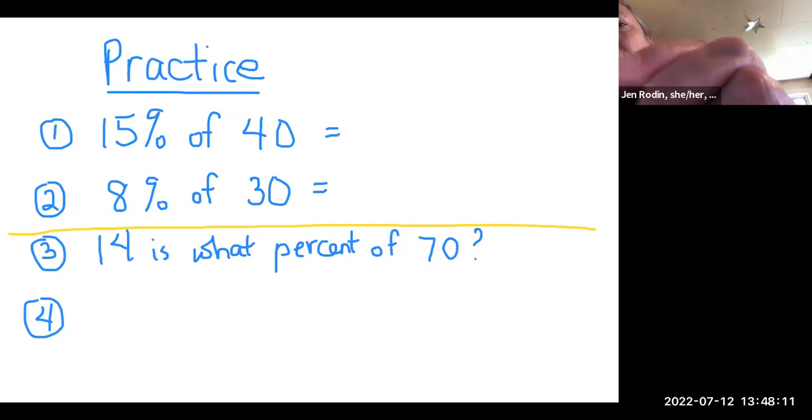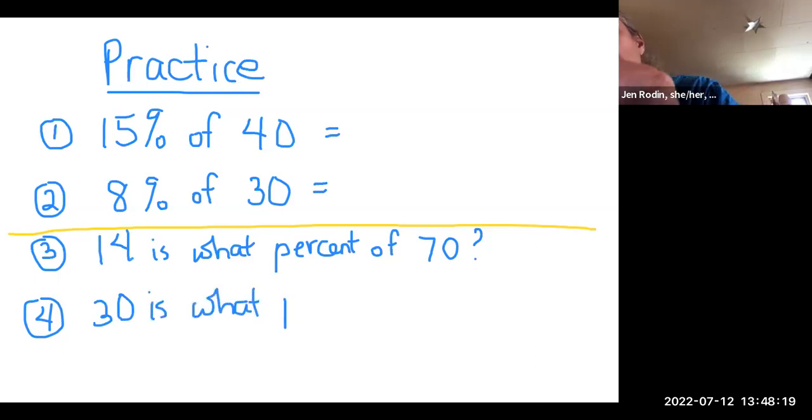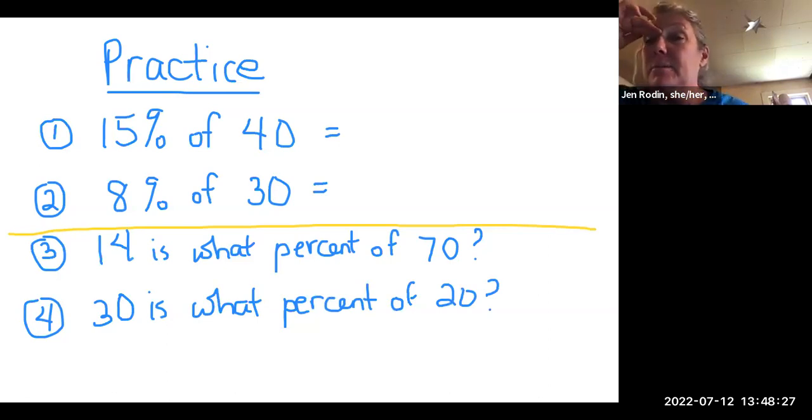And how about 30, here's a weirder one. What percent of 20? So 30 is bigger than 20, so it's going to be more than one whole. So there's those two, that kind and that kind.